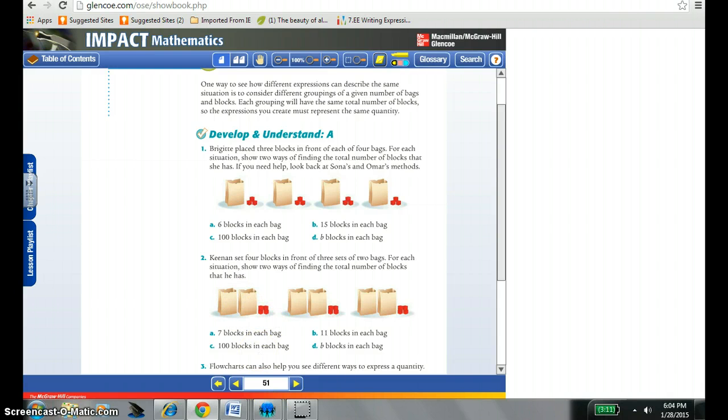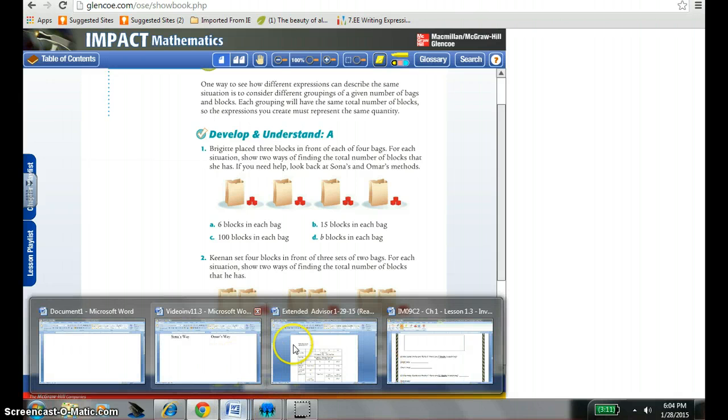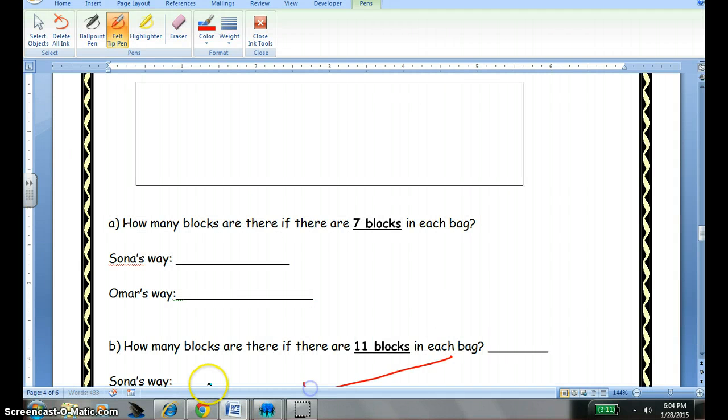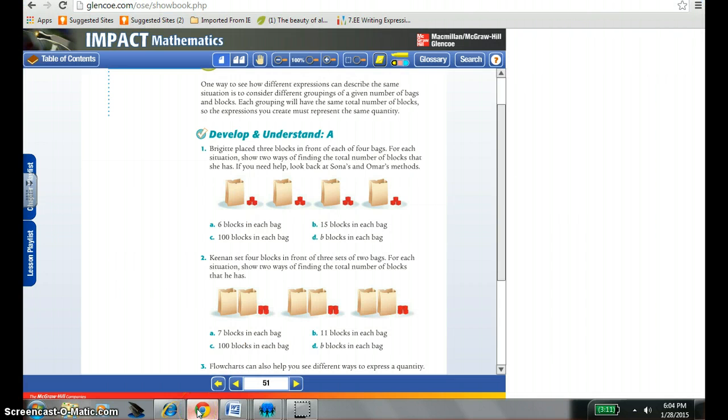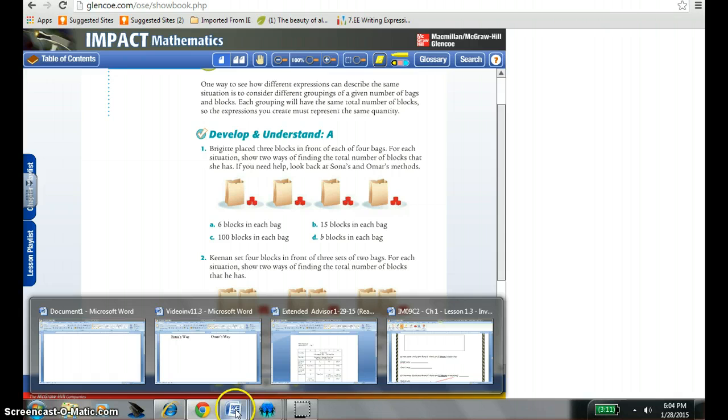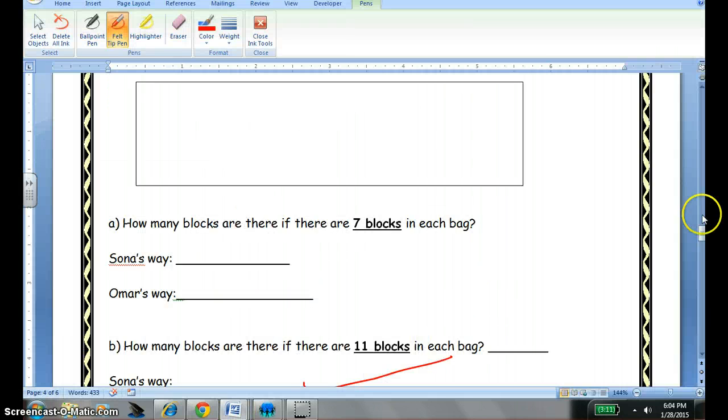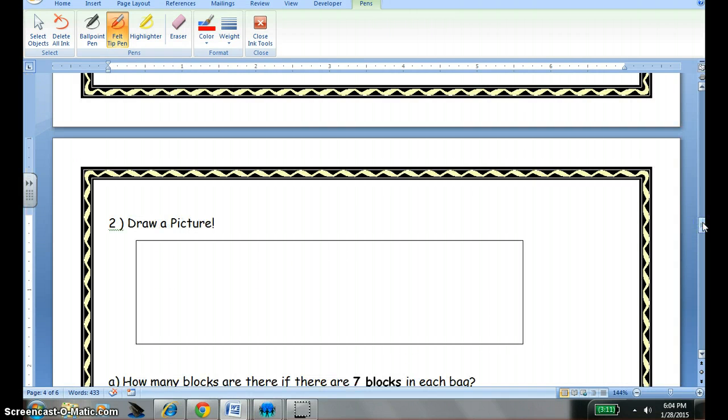So let me draw a picture for that. 3 sets of 2 bags and 4 blocks. So let's do that. 3 sets. There's my 2 bags.